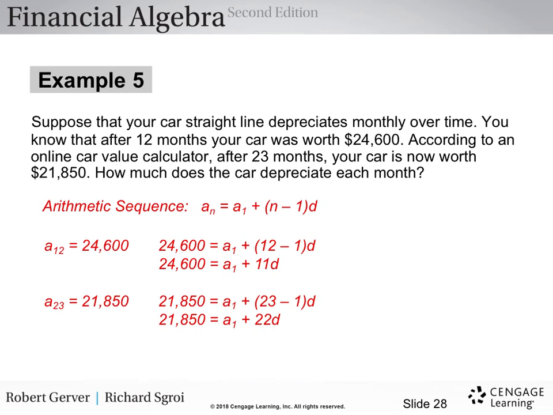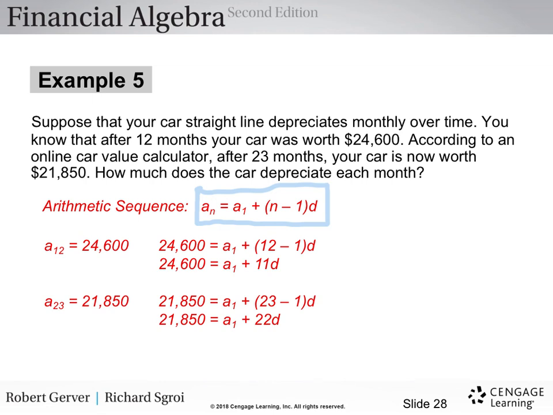All right, so what we're talking about here is something called an arithmetic sequence, okay? We're going to use this formula here, the formula for an arithmetic sequence. What this formula says is that the nth term of the sequence is equal to the first term plus the number of terms minus 1 times the difference, okay?